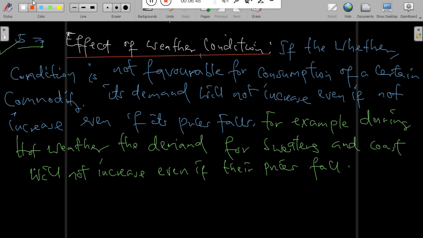For example, when the price of tea rises and at the same time the price of coffee also rises, there will be an effect on the consumer's purchases of that particular good in the market. But also the effect of weather conditions. If the weather condition is not favorable for consumption of a certain commodity, its demand will not increase, even if the price falls.